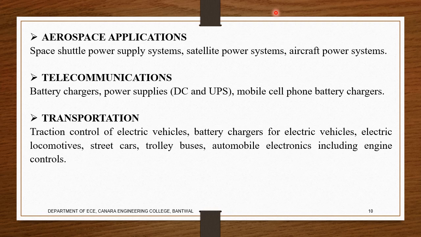Trolley buses are used when you go from mountain to mountain, usually in big hill stations. Automobile electronics, including engine controls: engines are now all computerized, so everything has to be in the system so that whatever data is collected goes to the display there.